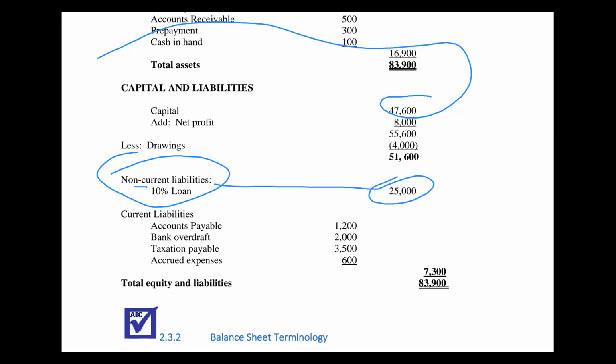Then you have current liabilities. The current liabilities are obligations that you, as a company or as a business, are supposed to meet before 12 months. For example, the accounts payable, which are also called the creditors in other literature.